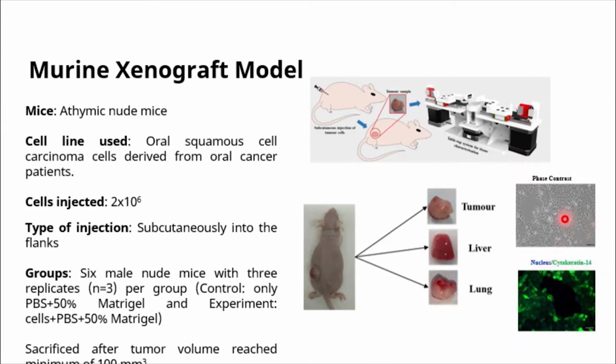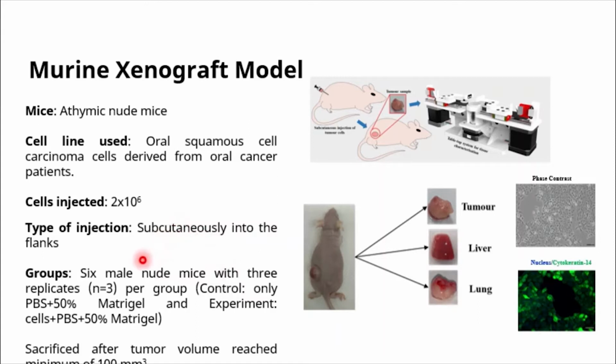Once this was confirmed, 2 into 10 raised to 6 cells, or 2 million cells, suspended in PBS and Matrigel were injected subcutaneously into the flanks of the animal, which is basically under the skin near the abdomen of the animal. 6 male animals were taken for the study and divided into 2 groups of 3 animals each.